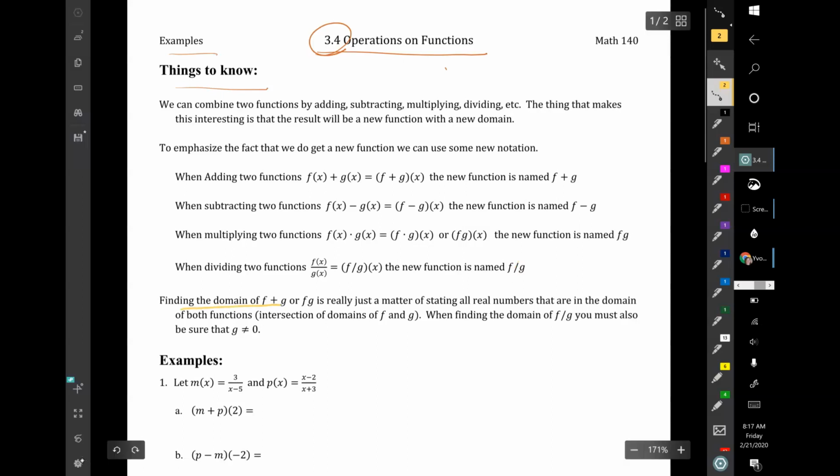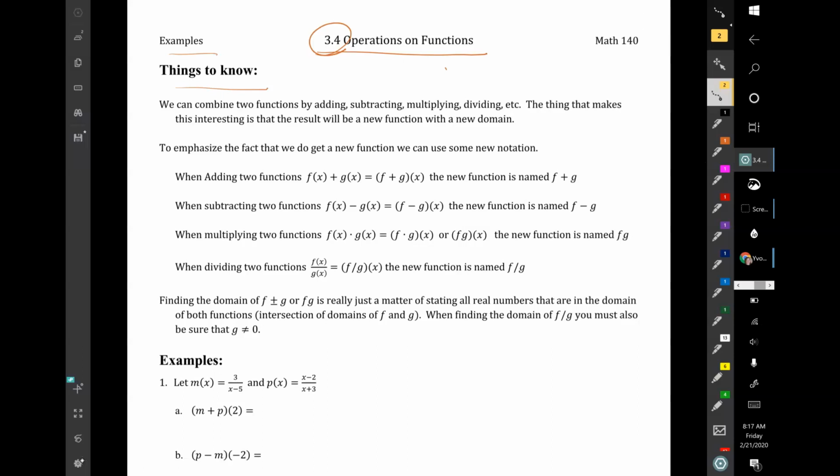Finding the domain of f plus or minus g, or fg, is really just a matter of stating all real numbers that are in the domain of both functions. That's the intersection of the domains of f and g. So we're going to have to use the word and, not or, which is this intersect symbol.